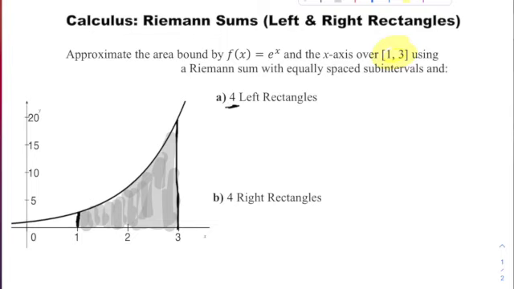And we always want to divide that up by how many rectangles we're making. So we are dividing that up by 4, and it did specify equally spaced. So our delta x, our difference in x, as you're going to see in a moment, is always found by doing the width of the interval, that's 3 minus 1, that gives us 2, divided by how many rectangles you're making. So 2 divided by 4 gives us a nice even width of 1/2 or 0.5.